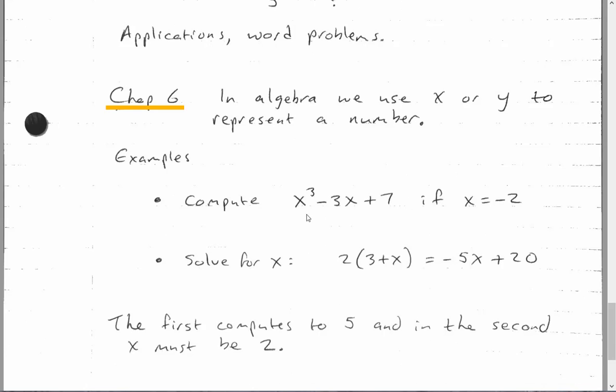Something like this first example: compute x to the power of 3 minus 3x plus 7 if x is equal to -2. The idea here is we're just substituting, so every x gets replaced with a -2.